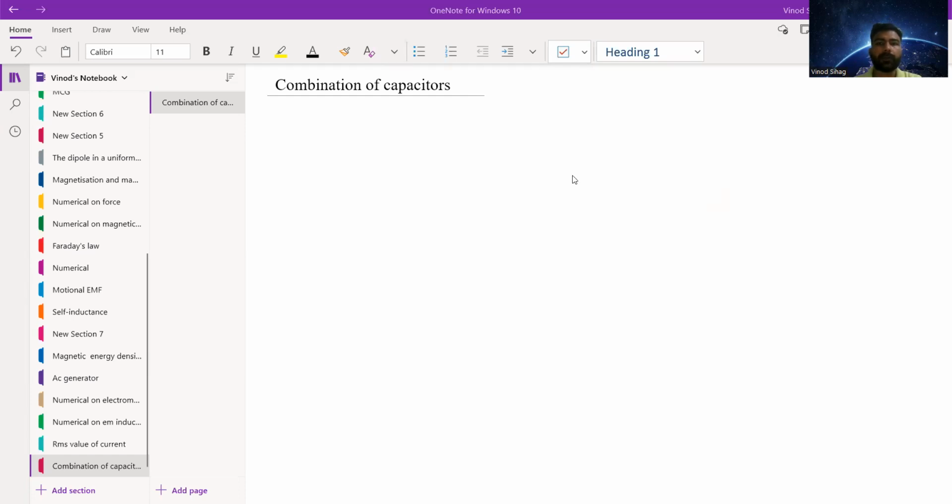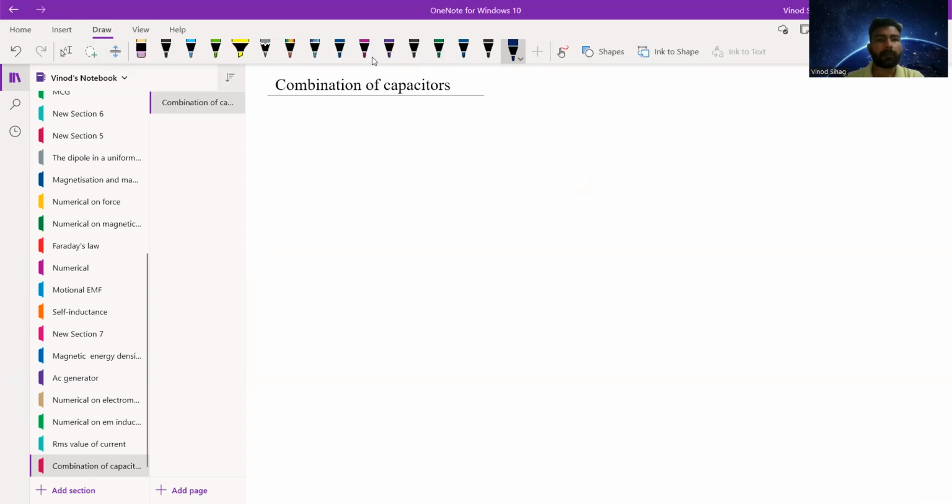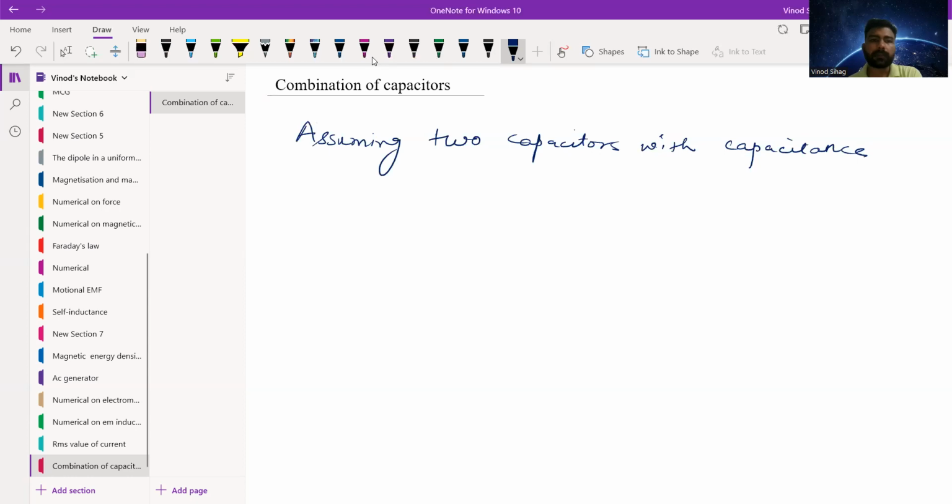Okay, so here we are going to take two capacitors in series connection, like their capacitors are C1 and C2. So let's start it. We are assuming two capacitors with capacitance C1 and C2 respectively.